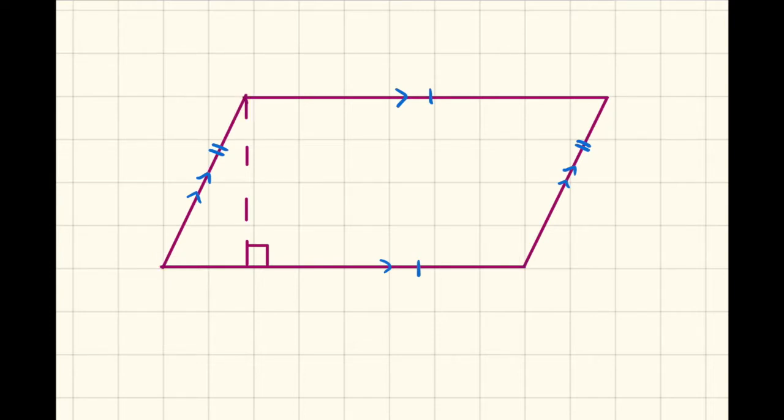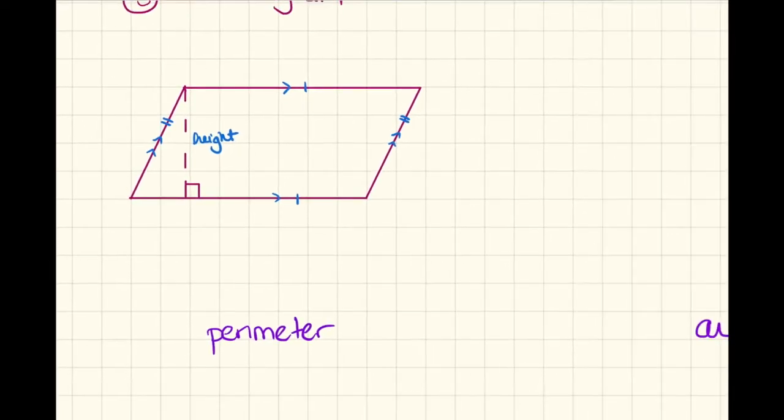You'll also notice that I added this line here, which we call the height. And the height is important because it creates a 90-degree angle from the top to the bottom of the parallelogram. Note that you could have drawn the height here, you could have drawn the height here, you could have drawn it anywhere. But for aesthetics purposes, I just decided to put it in this space instead.